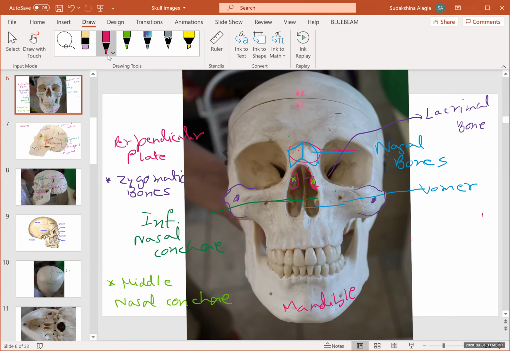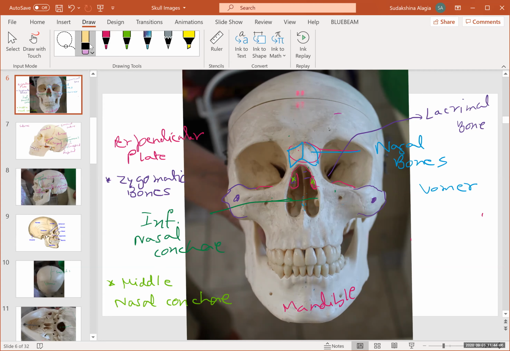We have infraorbital foramen, maxillary sinus, palatine process, alveolar process, orbital surface of maxilla. If this is the maxillary bone, here will be the orbital surface of the maxilla. Infraorbital foramen, well, that's easy.